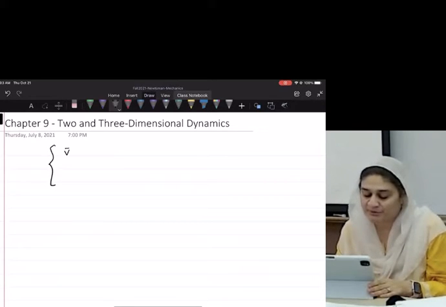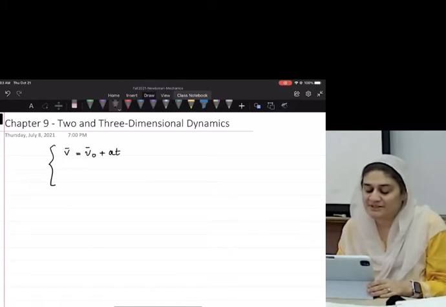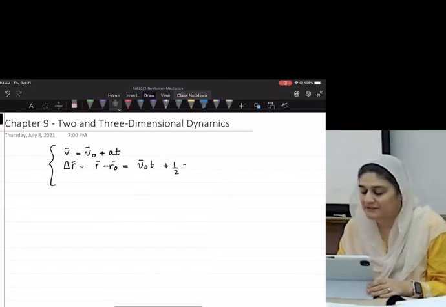So for example, the first equation of motion will look like that. And my second equation will look like this. Delta R equals R minus R0 equals V naught T plus a half A T squared.